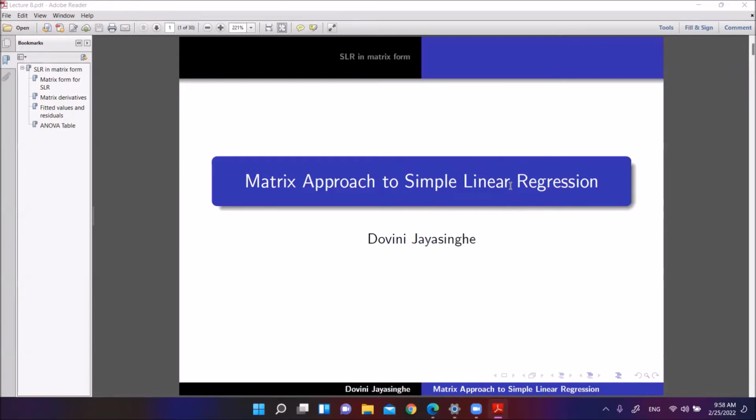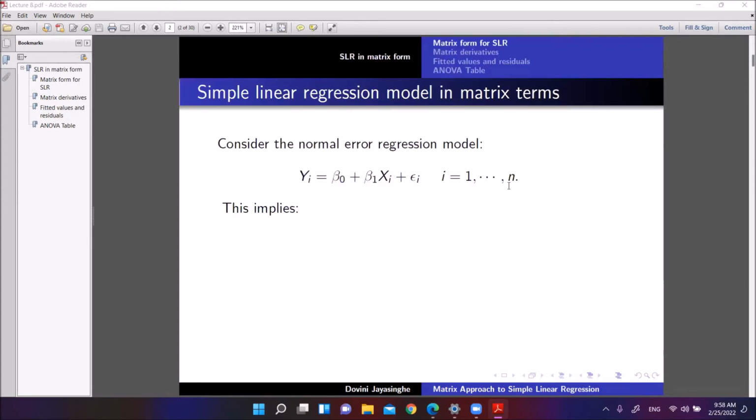There are a bit of computations, but easy ones, and some matrix computations just to practice, but everything is known to you. So we are going to introduce the matrix approach to simple linear regression in today's lecture.